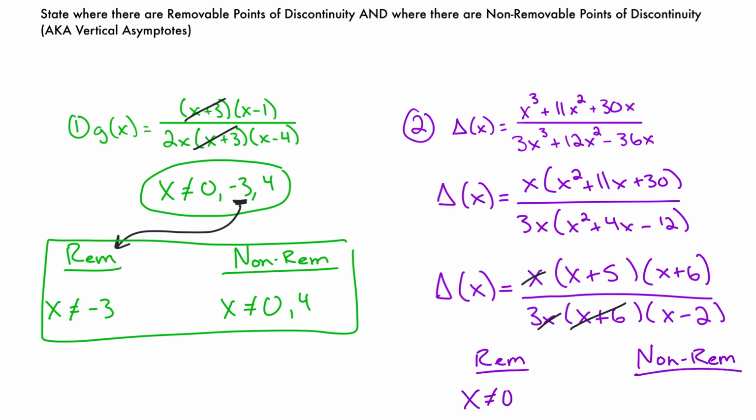And then I have an x plus 6 and x plus 6 eliminate, meaning that it is also going to give me a removable. And the only one that did not get removed from the denominator is the x minus 2. So its discontinuity, which is positive 2, is non-removable.